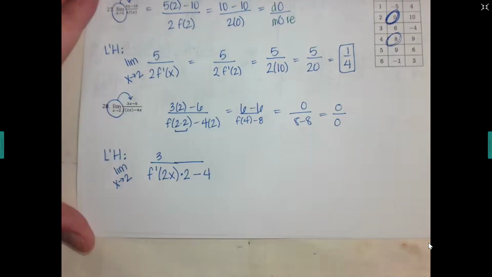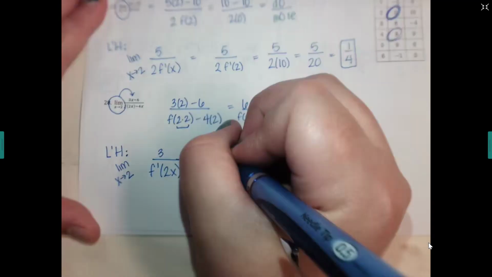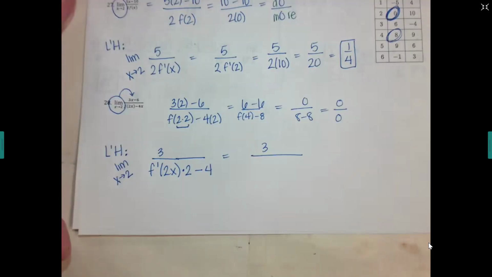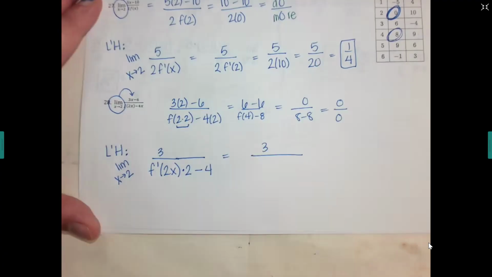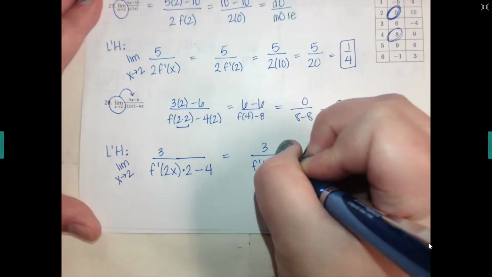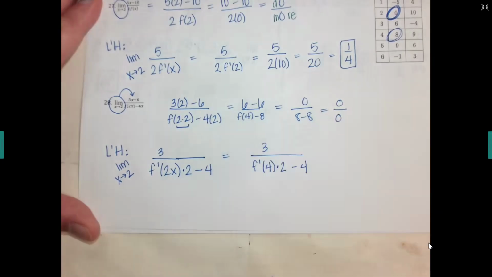Okay, then retry your limit. So on top, you're going to just keep the 3. Okay, on bottom, I have an f prime of 2x, but if I plug a 2 into the 2x, what am I really looking for f prime at? 4, and then I'm going to double it, and then -4.